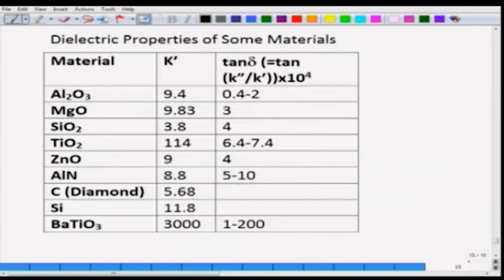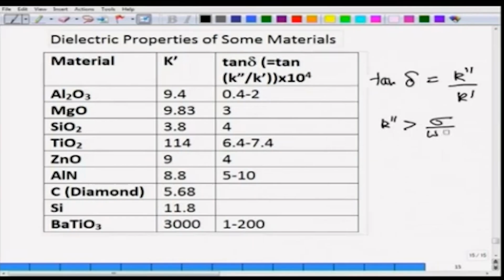And the last slide, I'll leave you with some values. This tan delta is the loss tangent, basically K double prime by K prime, assuming K double prime is much larger than sigma by omega epsilon naught. In that case, we define this as the loss tangent.